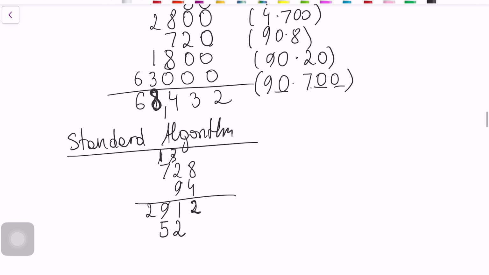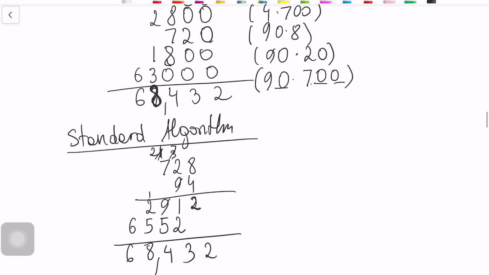So 5 and 2 carried over. And 9 times 7 is 63, plus 2, 65. And then you add things, 14, so 4 and 1 carried over, 8, and you have the same answer, 68,432. Okay.